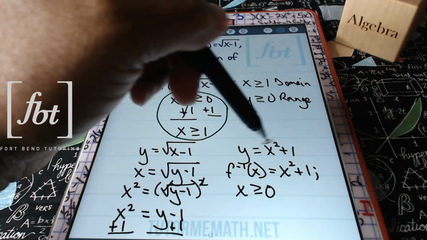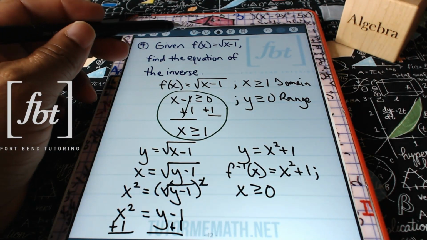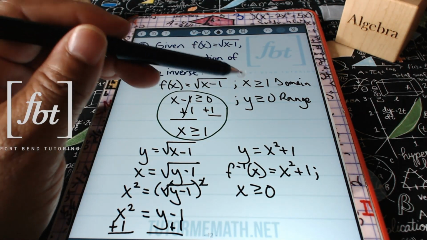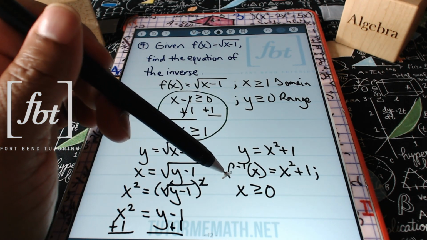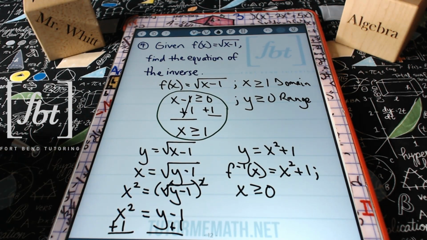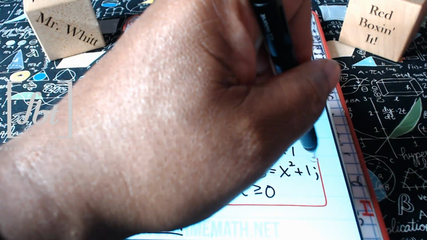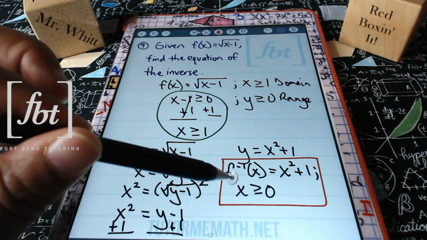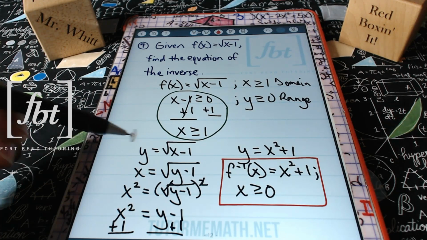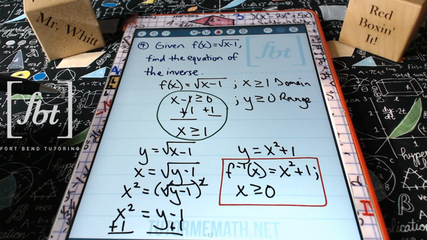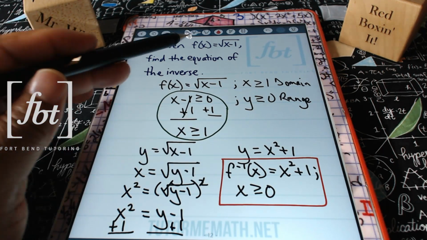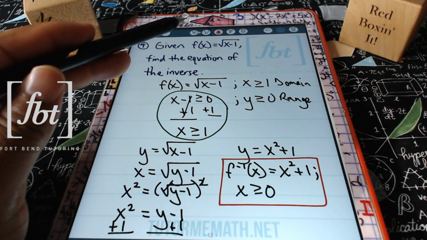So when given the equation for the inverse of our original function, due to the domain restriction and the restriction on the range, you will have a restriction in your inverse function. Red box. That's right. We're going to red box our answer, including the domain restriction. That is important, guys, because otherwise you would be stating that this entire quadratic equation is the inverse of your original one-to-one function, and that's not the case.